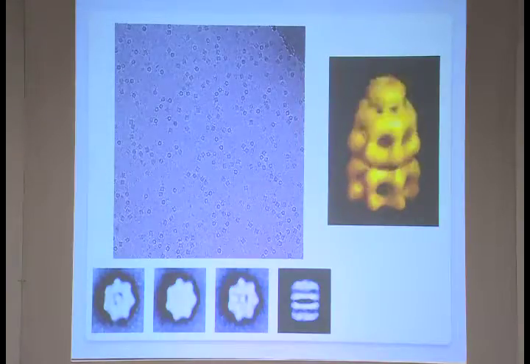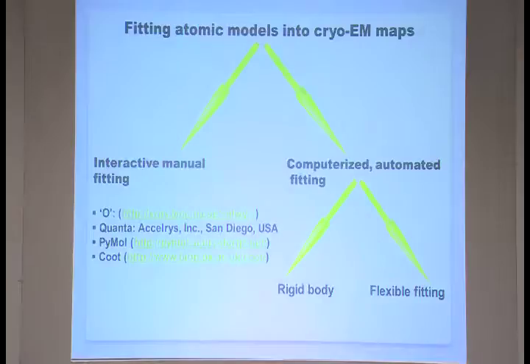But what can we really do with that? With just that atomic model, which is called a pseudo-atomic or quasi-atomic model, how much can we tell? Initially, as I said, there were interactive manual fitting methods, when the resolution was really not very good.